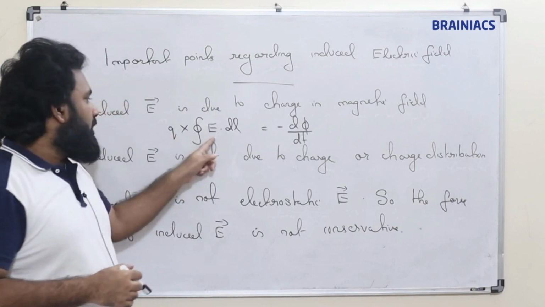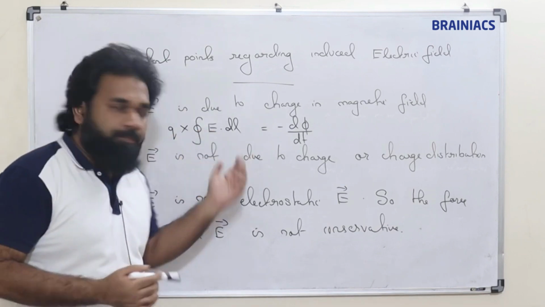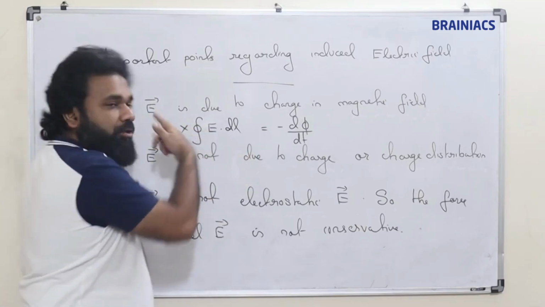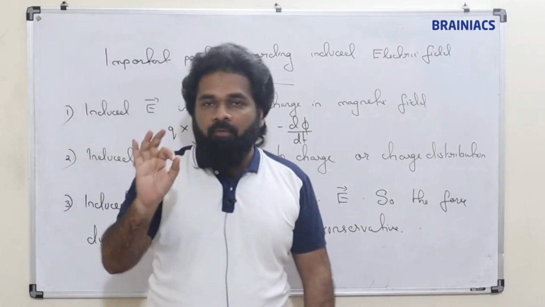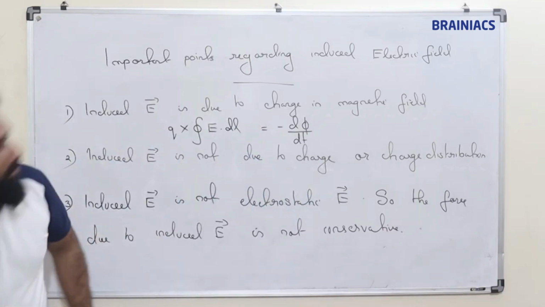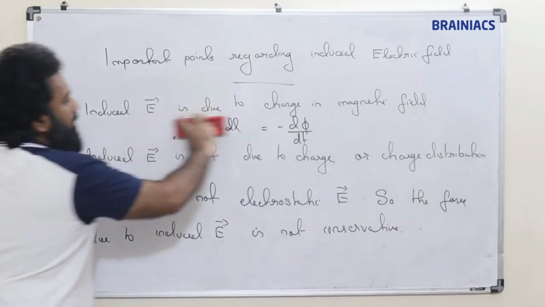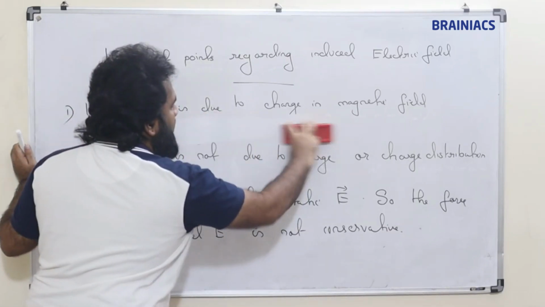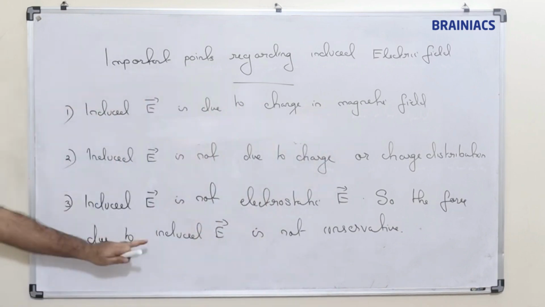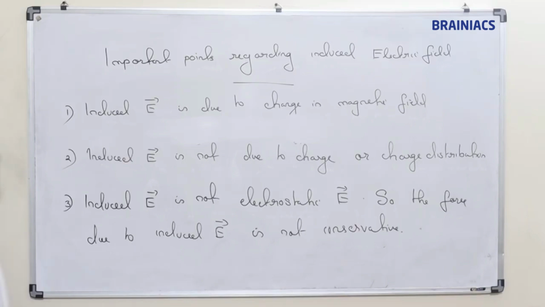Q into E will become force. So work done for a closed path, okay, please note it down. I shall explain this again. Please note these points, I shall elaborate this point. Clear? Pause the screen and note it down.